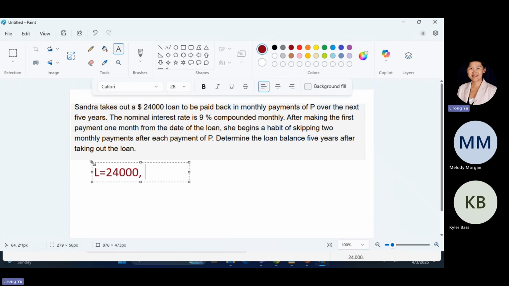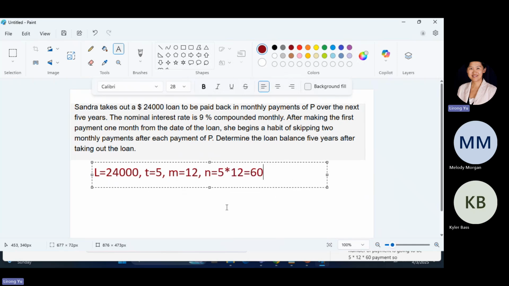And it's being paid over 5 years, but we're getting 12 payments per year. So the total number of payments is going to be 5 times 12, that's 60 payments.